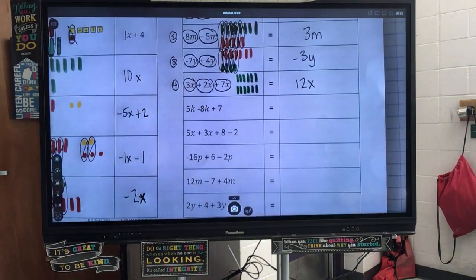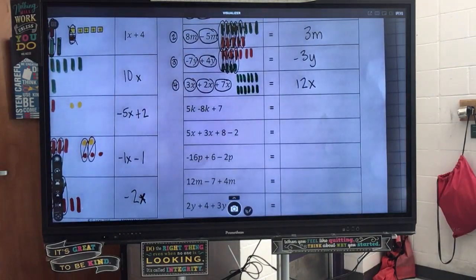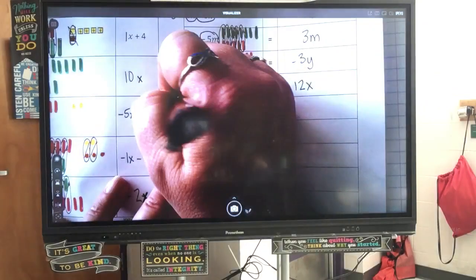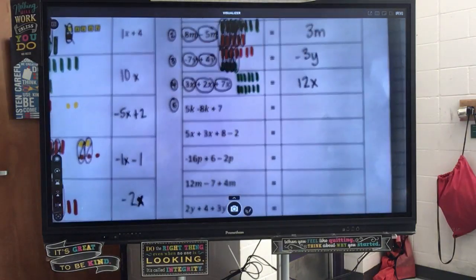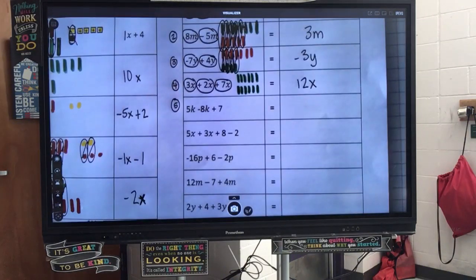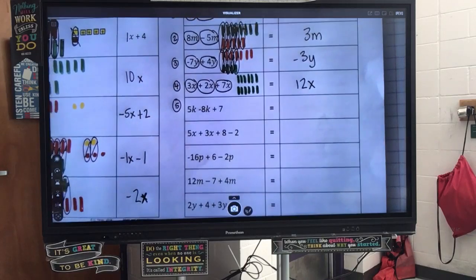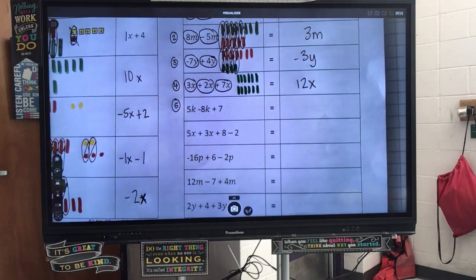Alright, how did you guys feel about doing those two on your own? Feel okay? Alright, so we're going to do number 5 together. So we have 5k minus 8k plus 7. Can we combine anything? Wyatt, can we combine anything? Okay, which ones?